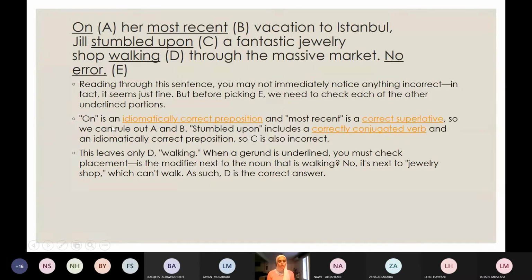So we can rule out A and B. Stumbled upon is also a conjugated verb, which is correct. Then I move to the last two, walking and no error. A fantastic jewelry shop walking through the massive market.